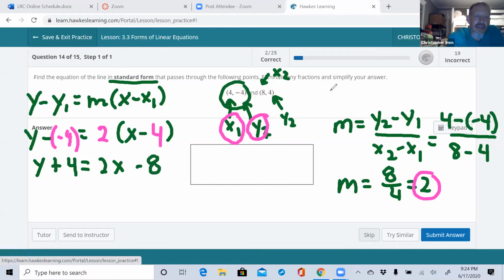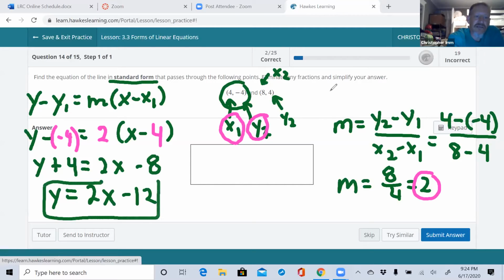And now if I subtract that 4 over, I have y is equal to 2x minus 12. That should be my equation of the line in standard form. So notice in these cases, the point slope form works really well.